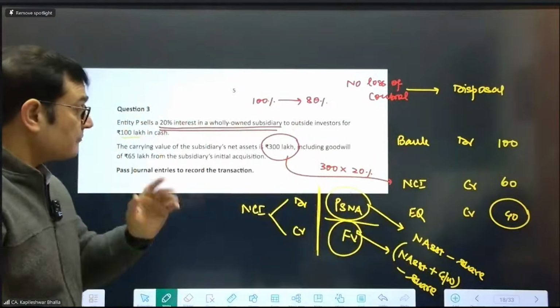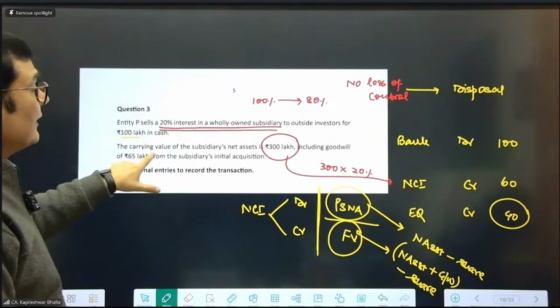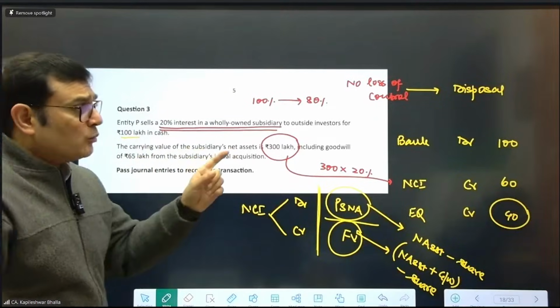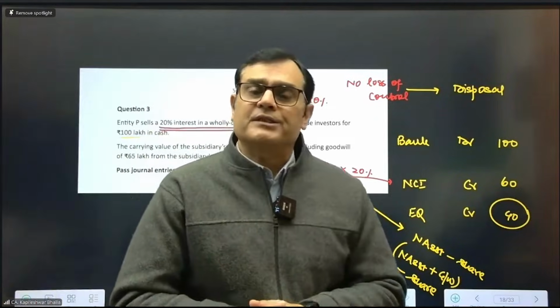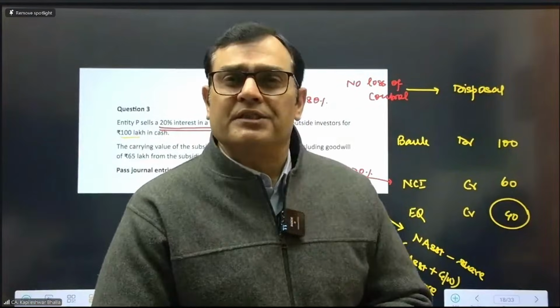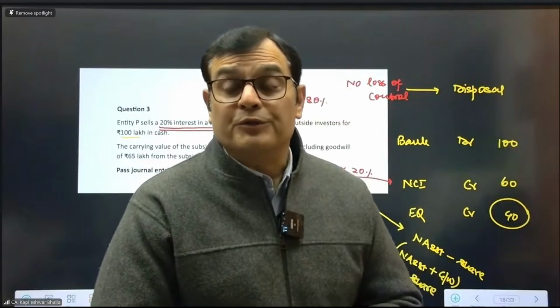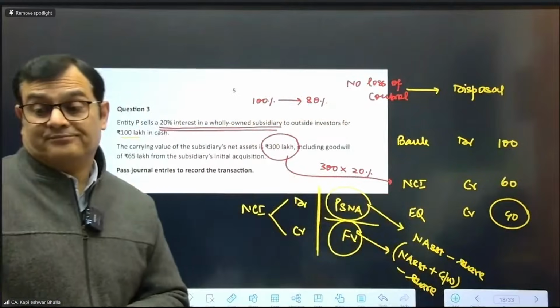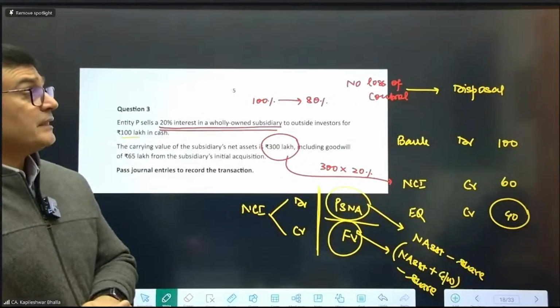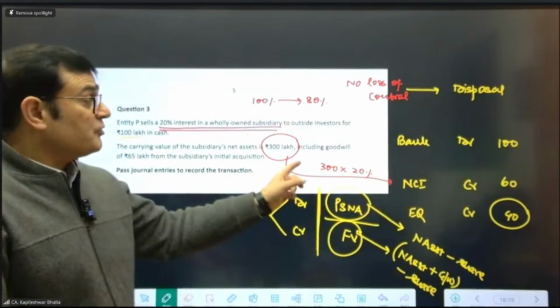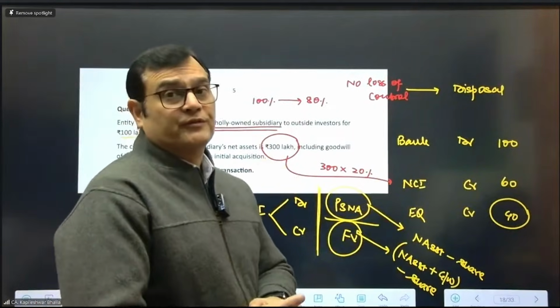By the way, it says the carrying value of the net assets is 300, including the goodwill. So when I recorded this NCI at 60, am I indirectly saying that it is at fair value or at PASNA? What do you say? That's right, it is at fair value, because when you consider this to be 60, you're considering 300, which is inclusive of the goodwill.